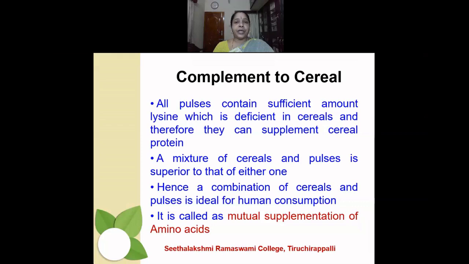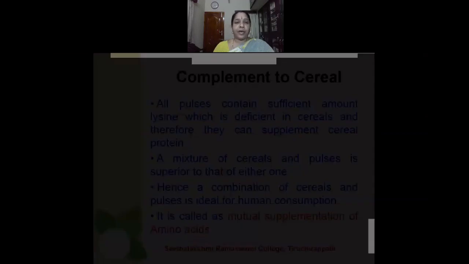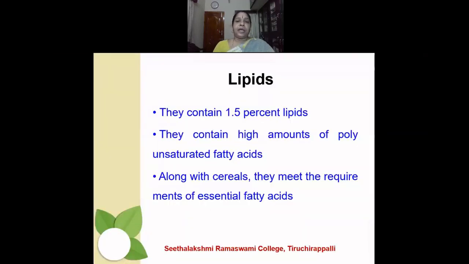Methionine is deficient in the pulses and it is present in the cereals. Lysine is deficient in the cereals and it is present in the pulses. Therefore, each of these can complement each other and improve the quality of the protein. This process is called the mutual supplementation of the amino acids.